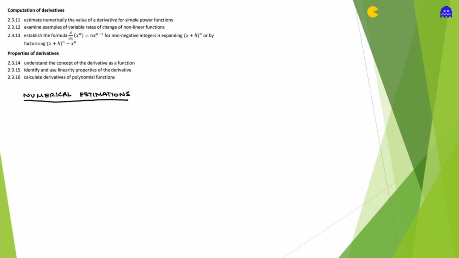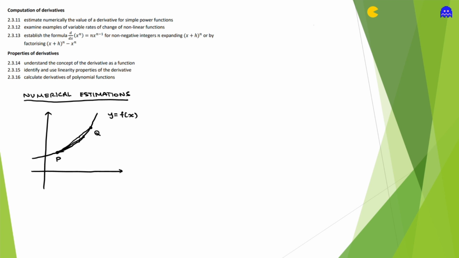What I mean by numerical estimations is, if we remember from first principles, the way that we compute a derivative is by taking a point P along the curve, y equals f of x, and taking another point Q, and we calculate the gradient of this secant as it steadily approaches closer and closer to the point.